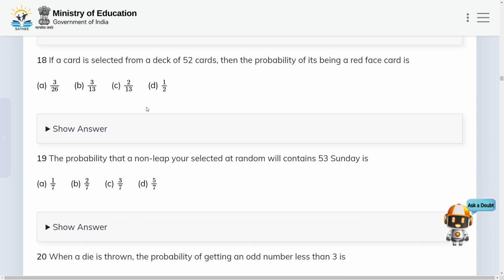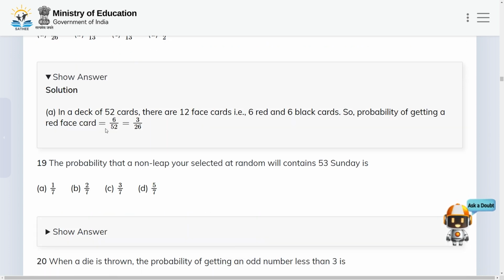So in next problem, here we have, if a card is selected from a deck of 52 cards, then the probability of its being a red face card is what? So here the total outcomes is equal to 52 cards. In a deck of 52 cards, there are 12 face cards, and that is 6 red and 6 black cards.